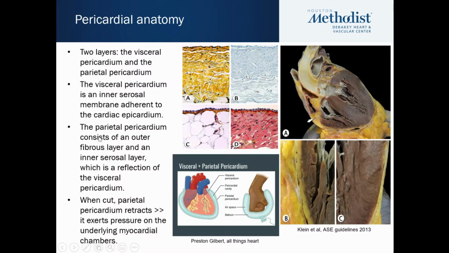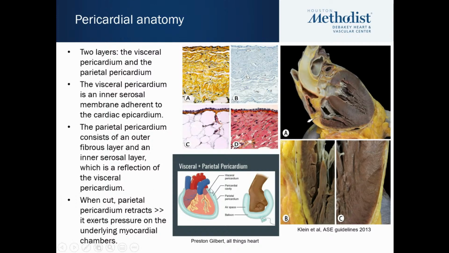Within the parietal pericardium itself, there's actually two layers. The outer fibrous layer, and that's the big one that we see on CT and MRI. And then there's an inner serosal layer, and that's just a reflection of the visceral pericardium.